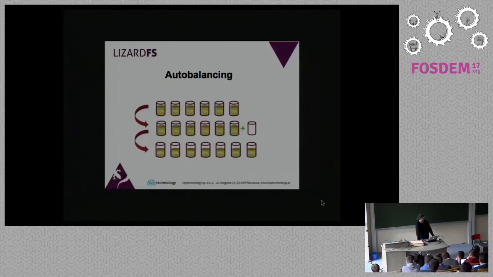If you have it undefined, it will try to balance out by space and busyness of a certain chunk server. If you have labels, then it will go where you defined it should write to.